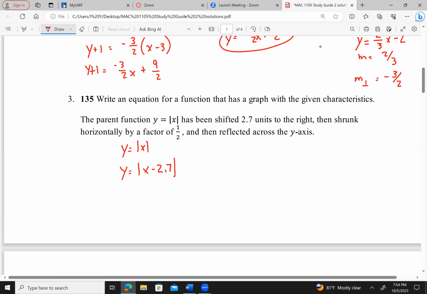Then we want to shrink it horizontally by a factor of 1/2. So again, inside, x minus 2.7. And then lastly, we want to reflect it across the x-axis. So again, that'll be inside, y equals -1/2 x minus 2.7.